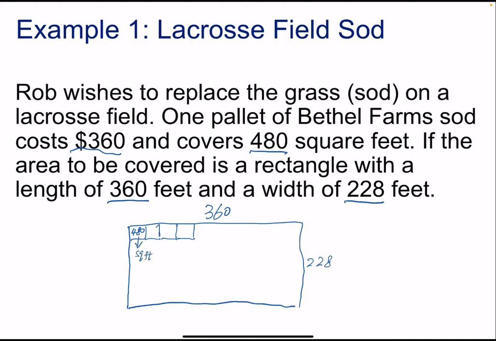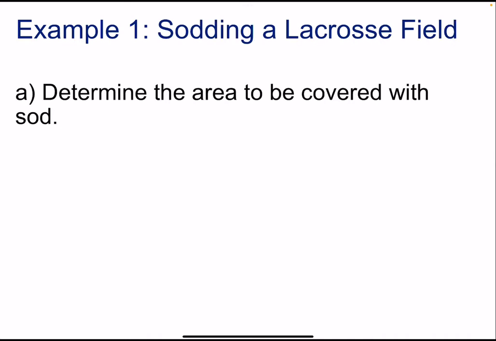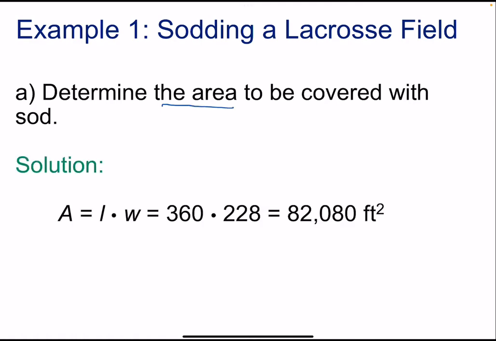Okay, this is the unit for area. And so let's see what the questions are and how we solve it. First question, determine the area to be covered with sod. So that's basically the area of the rectangle. This should be straightforward. Area equals length times width, 360 times 228 equals that.